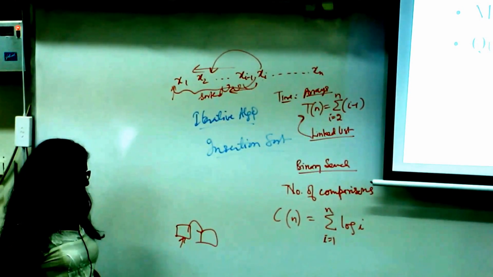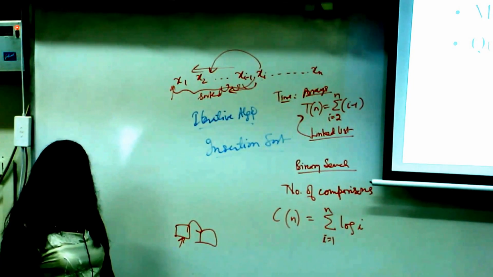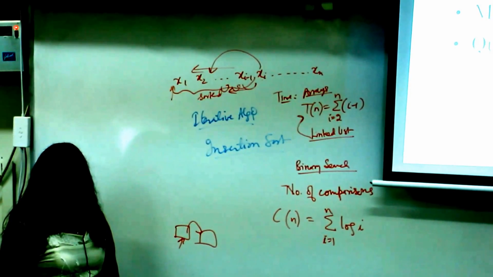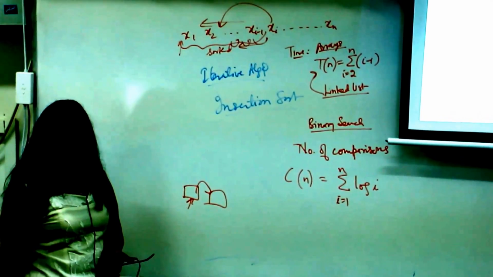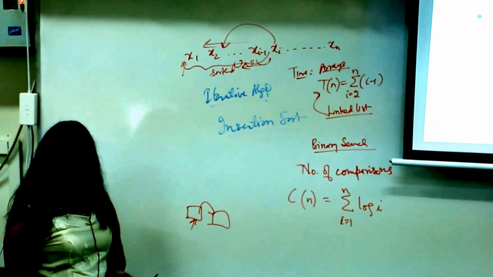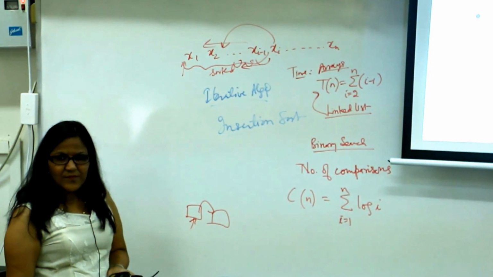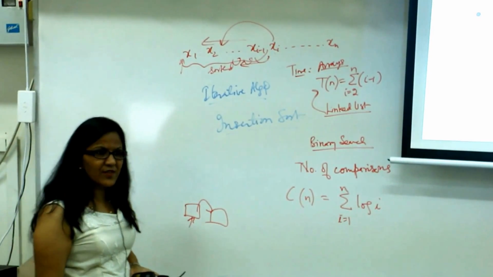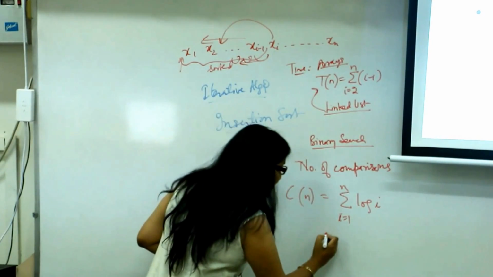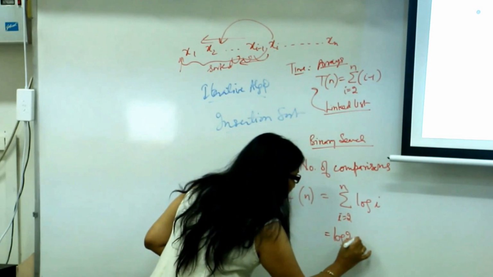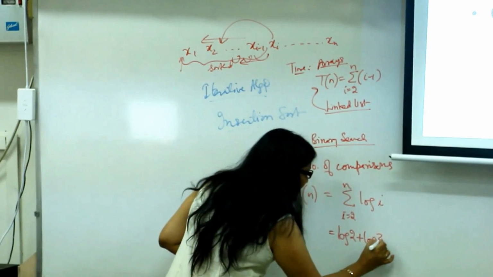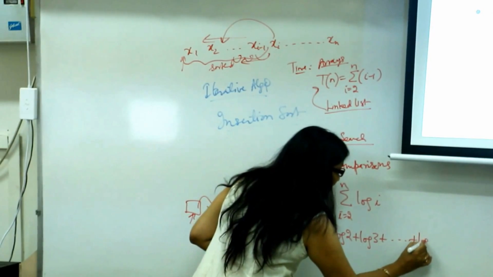In the ith iteration we are doing log i comparisons. What is this? Have you seen this expression earlier? What is this? Log 2 plus log 3 plus ... plus log n.